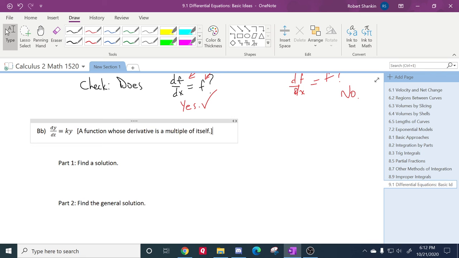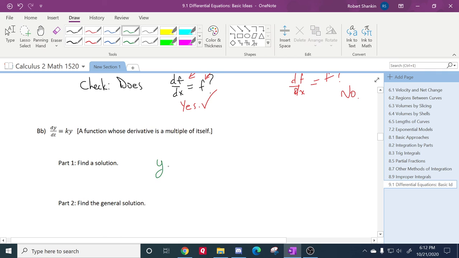Do you have a solution? So we don't know. We're not sure. Want to pass? Yes. Okay. Where a function is itself, but it also has a constant times it up front. Let me go to group 3. Got any ideas?